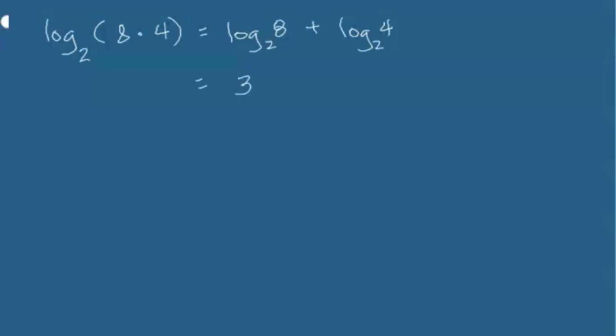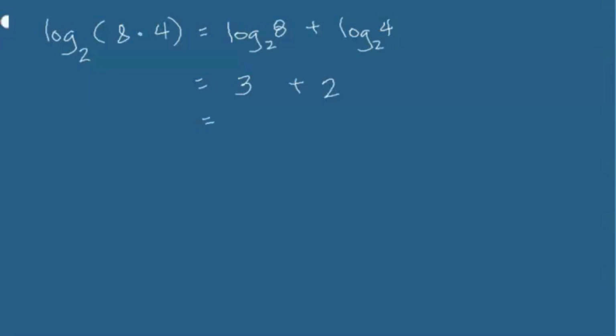Let's have another example: the logarithm of 8 times 4 base 2. We can do the logarithm of 8 to the base 2 plus the logarithm of 4 to the base 2. The logarithm of 8 to the base 2 is 3, and the logarithm of 4 to the base 2 is 2.